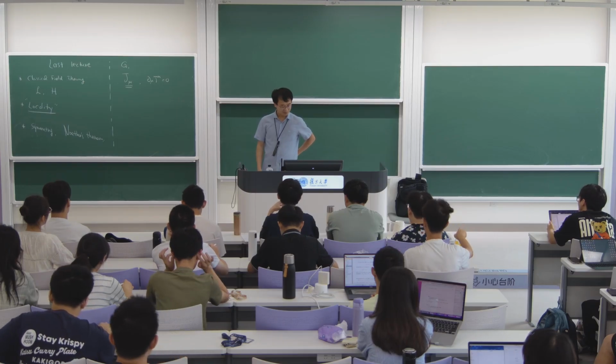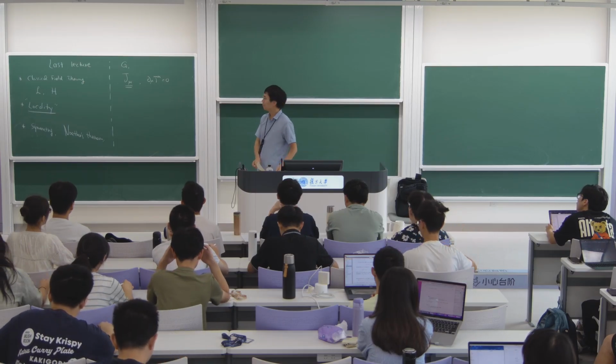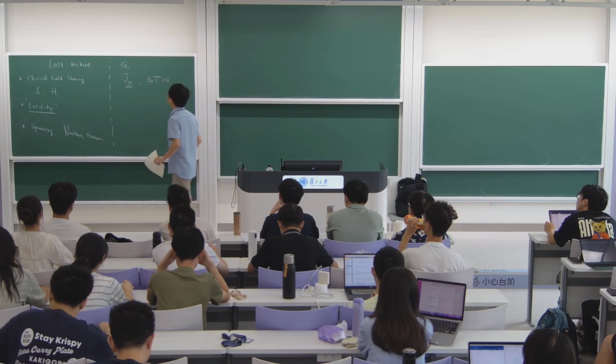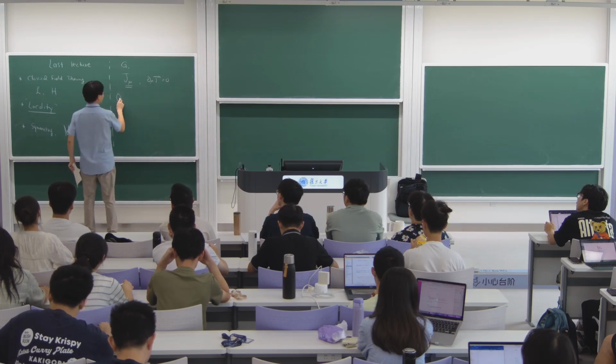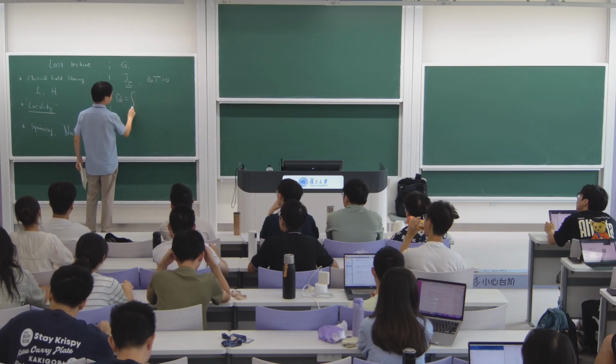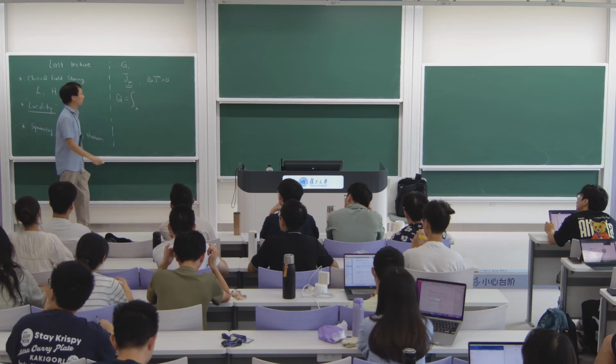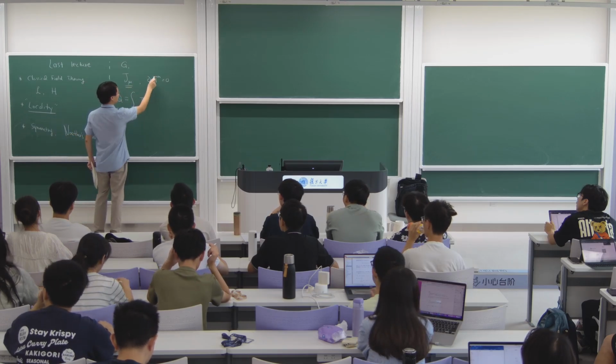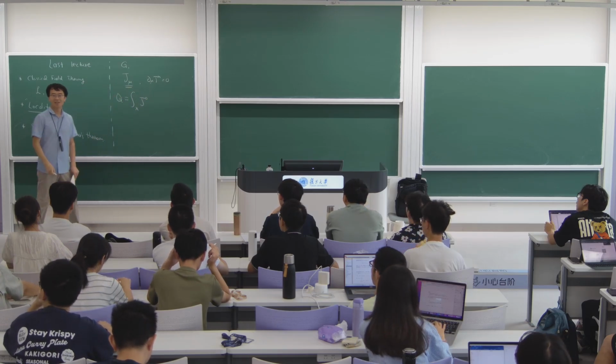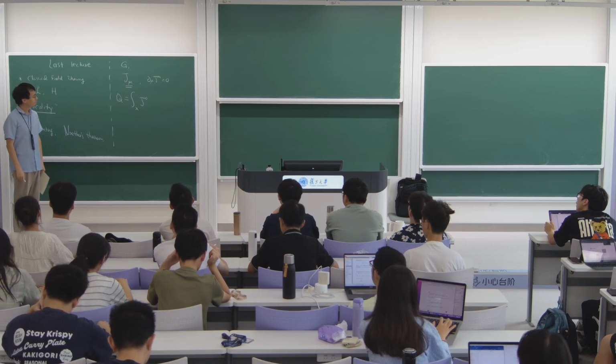And we also mentioned with this J mu we can have a conserved charge, which is basically the space integral of the zero component of the current. The simple form.